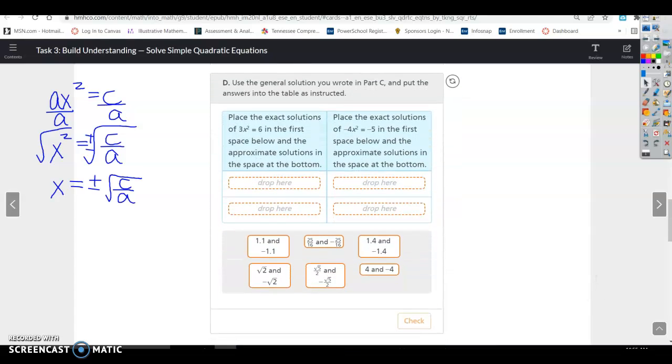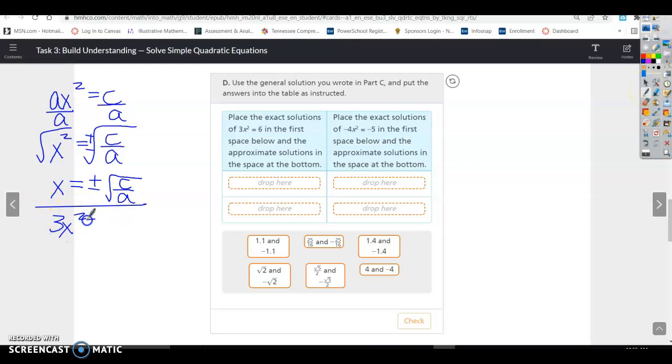All right, so it says use the general solution you wrote in part C to put the answers into the table as instructed. Place the exact solution of 3x squared equals 6 in the first space below and the approximate solution in the space at the bottom. So we need an exact solution and an approximate solution.